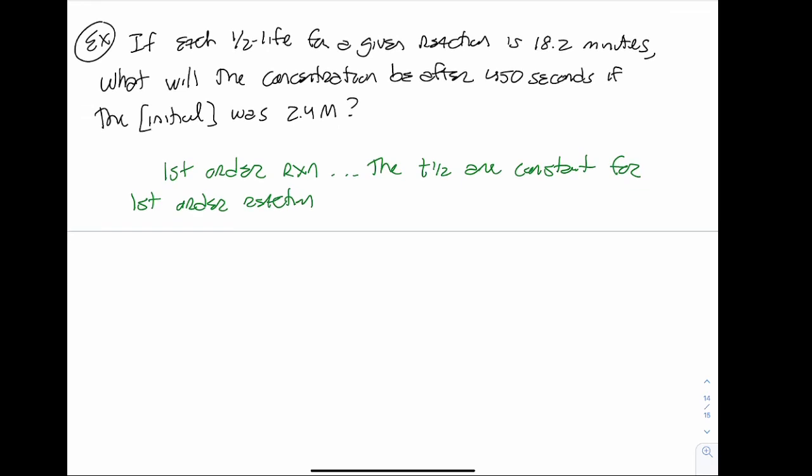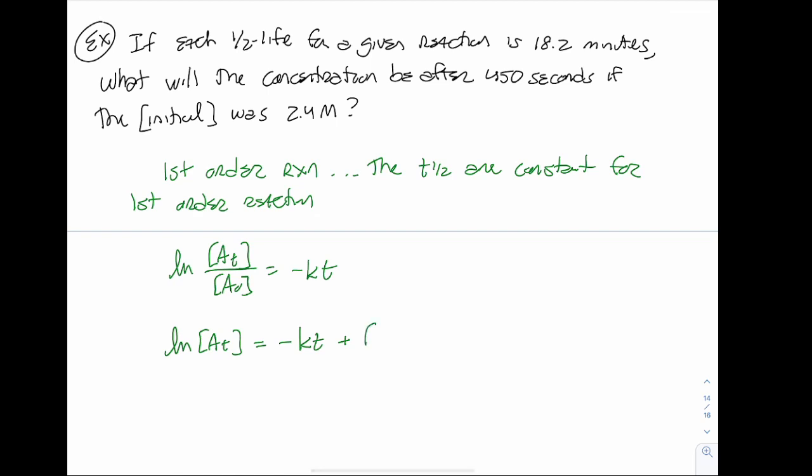Now that we've determined this, our problem is we don't have k. We do need k, right? I know that the natural log of A_t over A naught is equal to negative kt. If you wanted to use the other version, which is fine, I may do that in this one, the natural log of A_t is equal to negative kt plus the natural log of A naught.